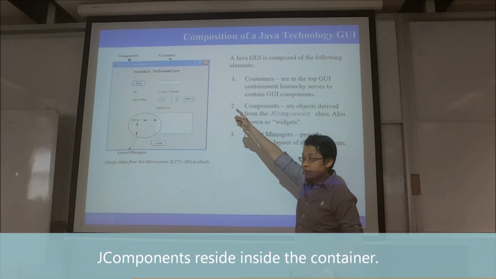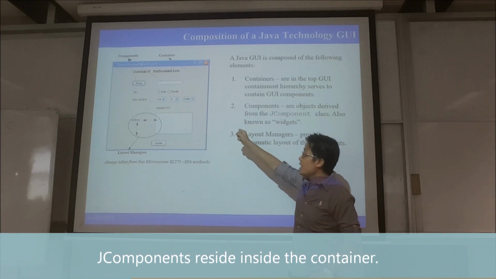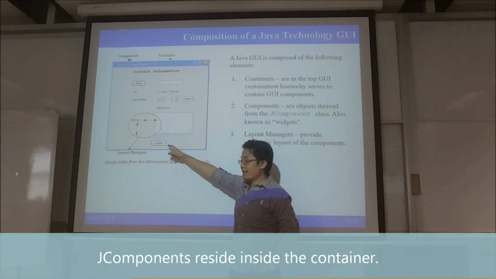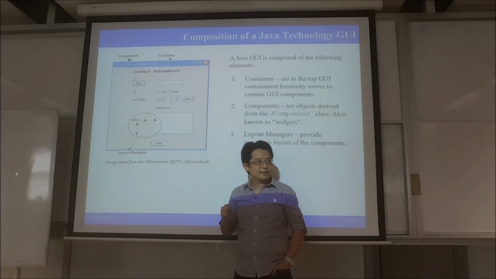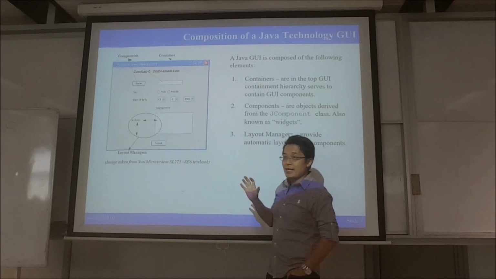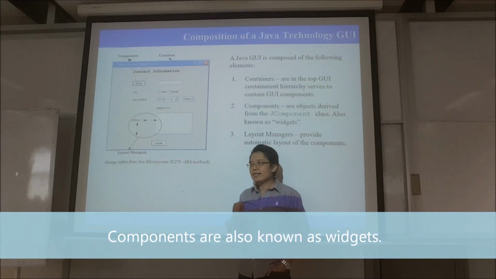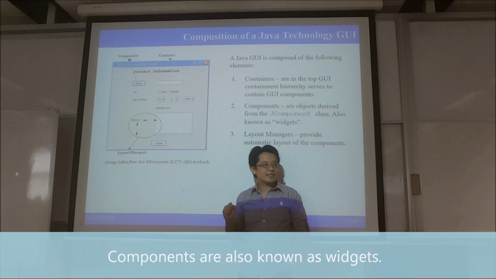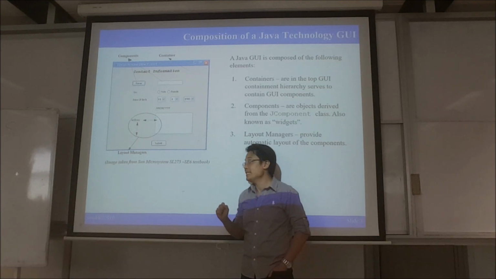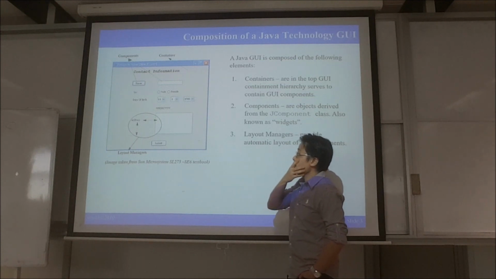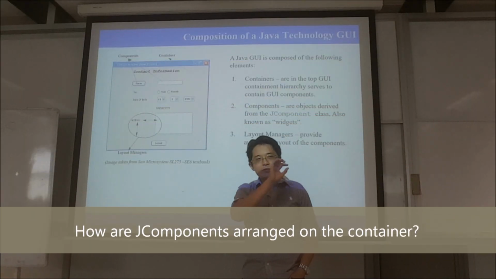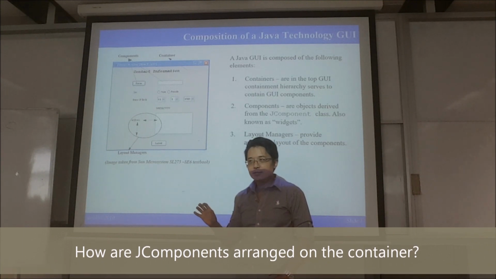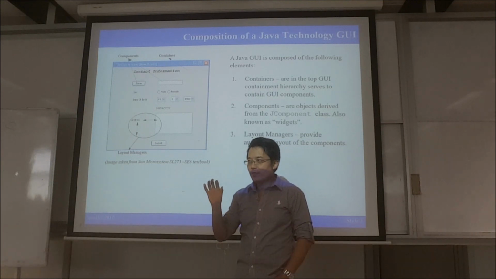Label, text, drop down, button, text area, button. Right? So these are components. Another name for components is widgets. Sometimes they call it widget. Yeah? Now, when you drag the component onto the container, you need to arrange them, right?